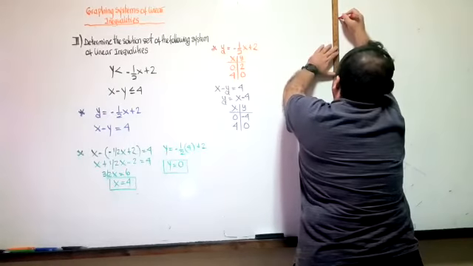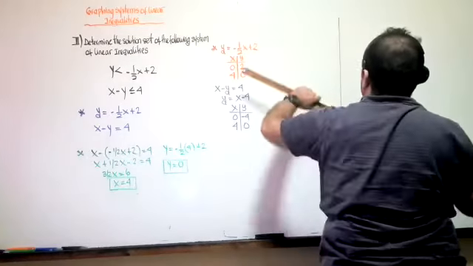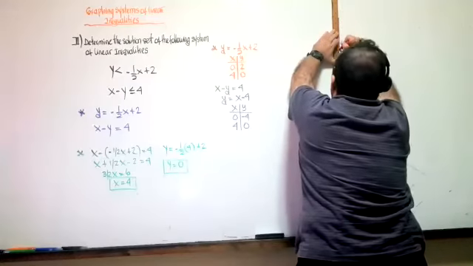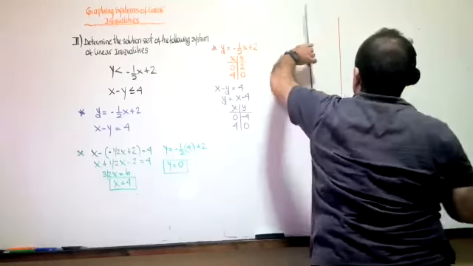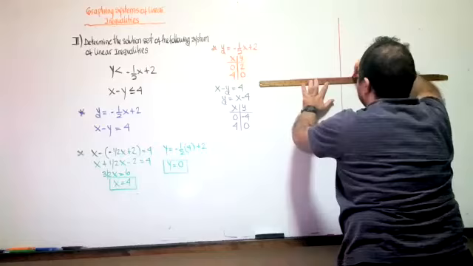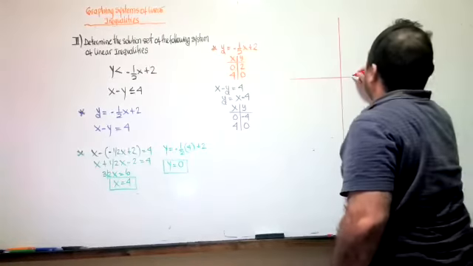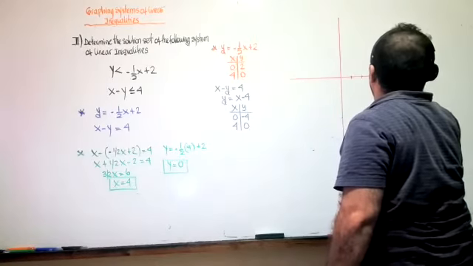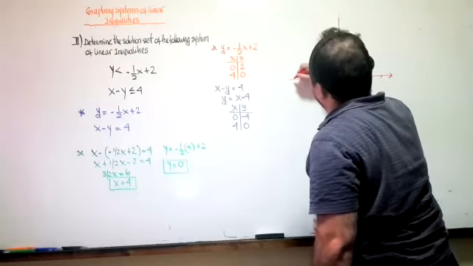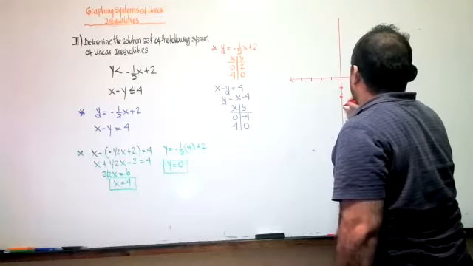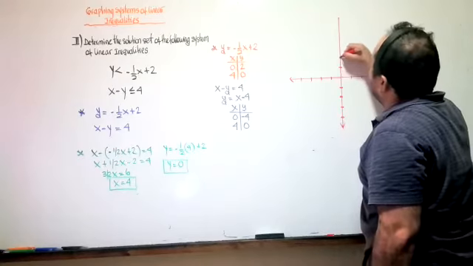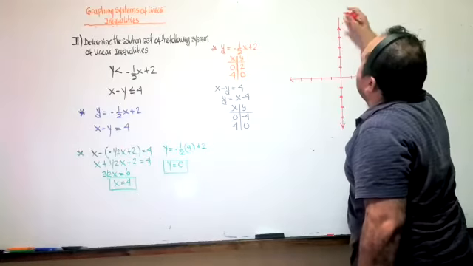Okay, let's create the coordinate plane. 1, 2, 3, 4, 5 in each direction.